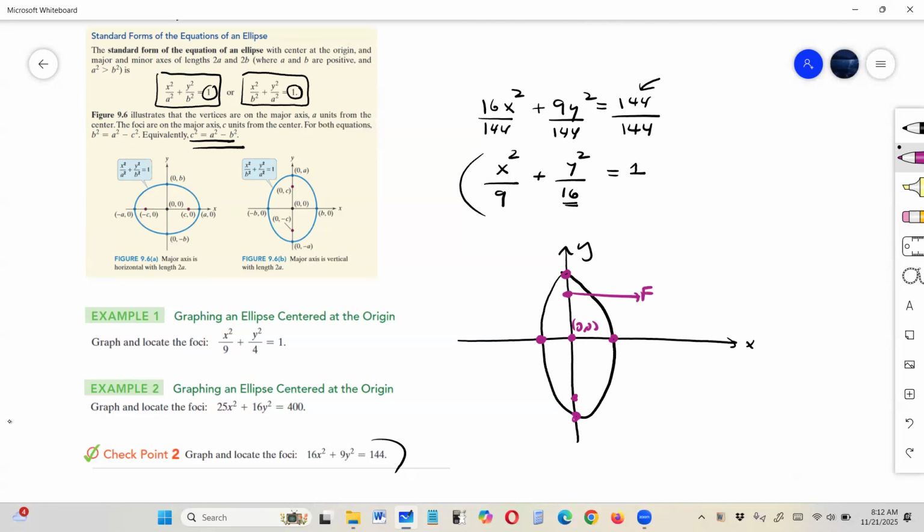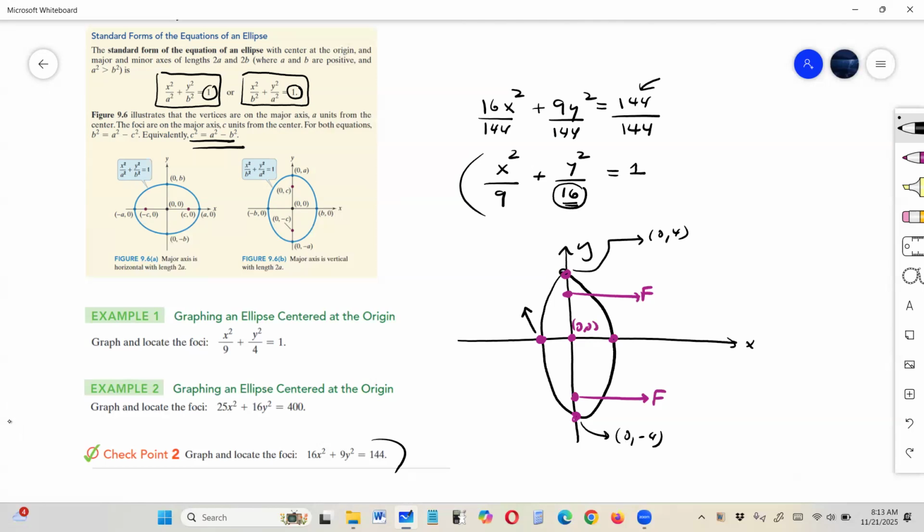I'm going to call it F, I'm going to call it F. Now, the vertices on the y-axis are square root of 16 away from the origin. So this would be 0, 4. And here would be 0, -4, right? On the y, 4 units up or down in the y-axis.